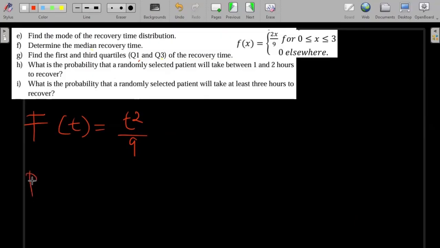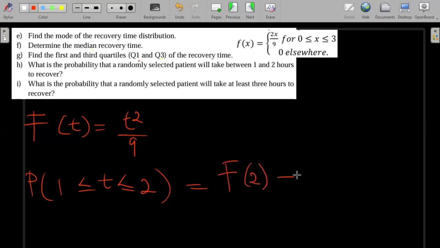Here we're finding the probability that the time is between 1 and 2. This is the same as F of 2 minus F of 1.